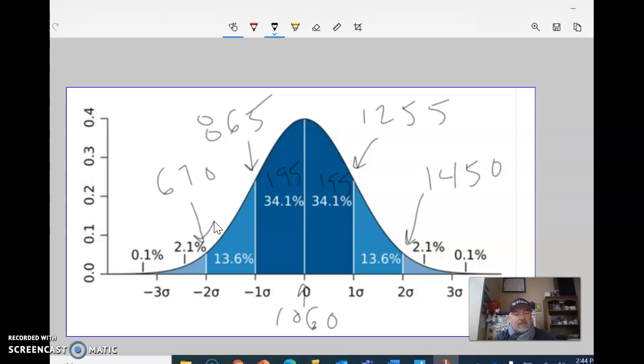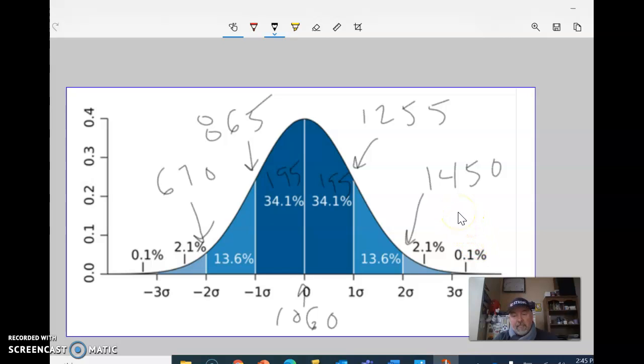So what that tells you, and I hope this is nobody in this class, if you scored a 670 on your SAT test, only 2.2% of all the people who took the test scored below you. And that's if the scores are on the normal curve, and they usually are. On the other hand, if you scored a 1450, only 2.2% of all the people scored above you.